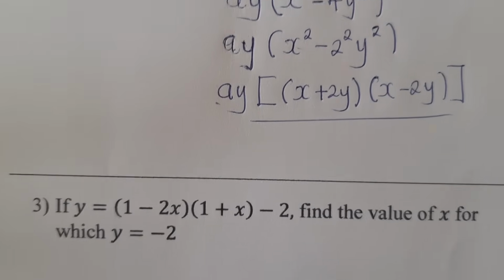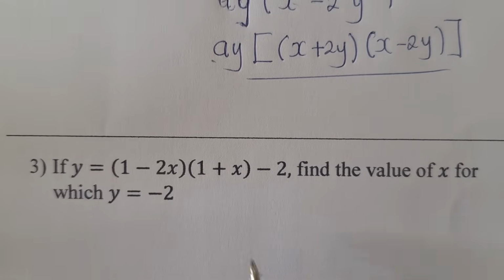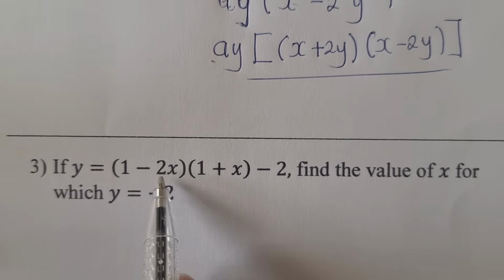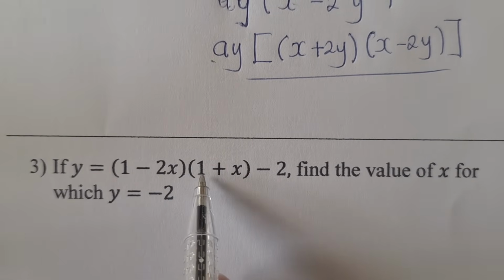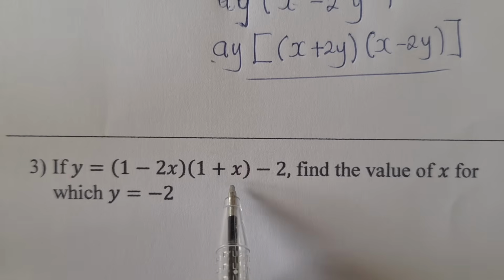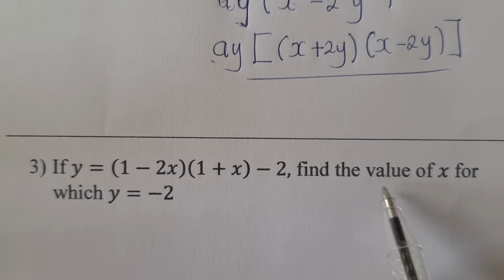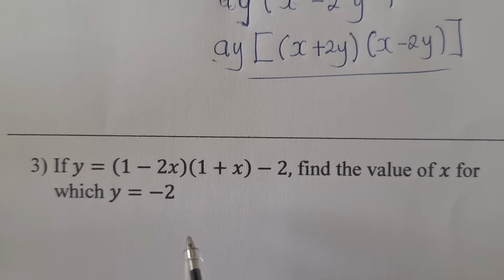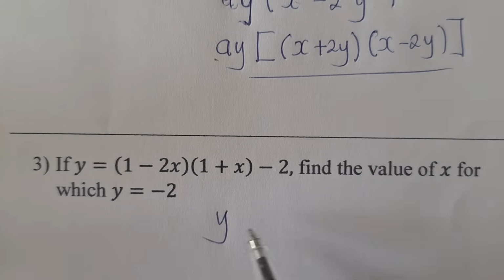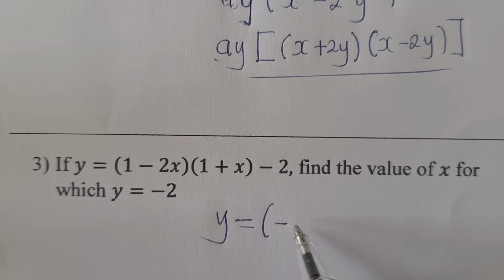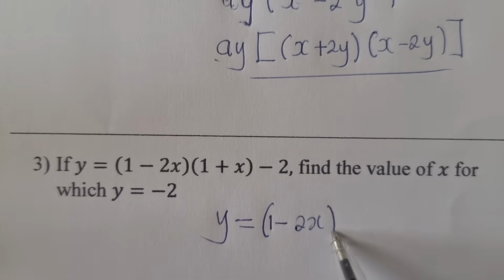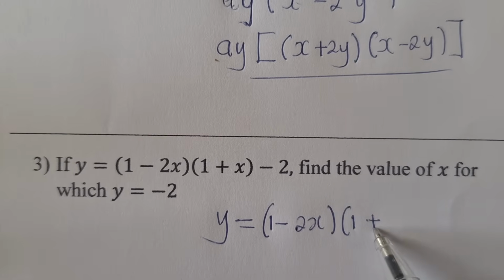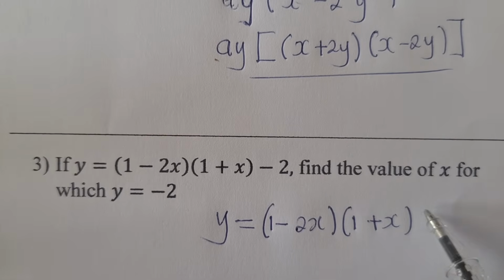For the next question here, they're saying if y is (1 minus 2x) inside the brackets, (1 plus x) inside the brackets, minus 1, find the value of x for which y is equal to negative 2. So we're going to get y is equal to (1 minus 2x)(1 plus x) minus 2. I've just gotten what is here.